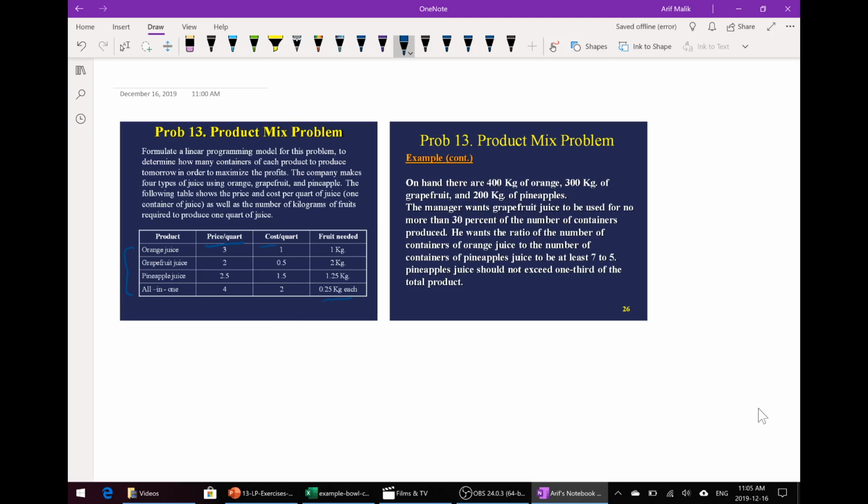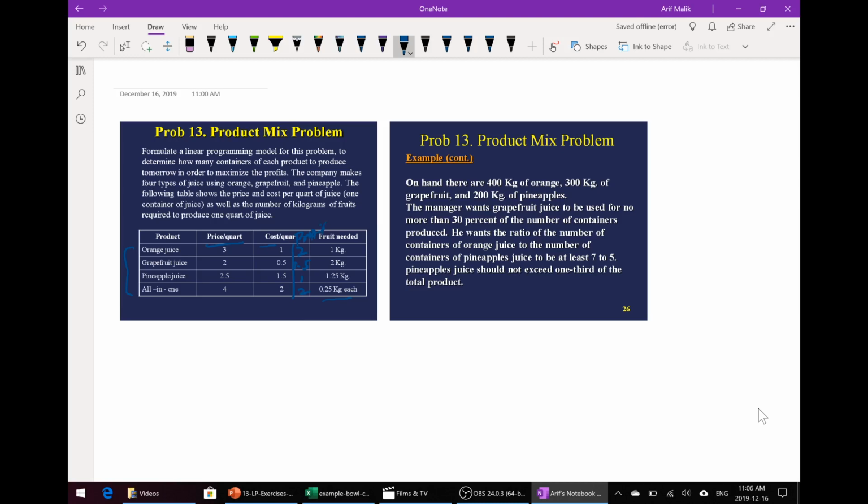Quart is a little less than 1 liter. So for orange juice the profit is $2 here. Here it is 1.5 and 1 and 2. Alright, this is the profit here, which is price minus cost.